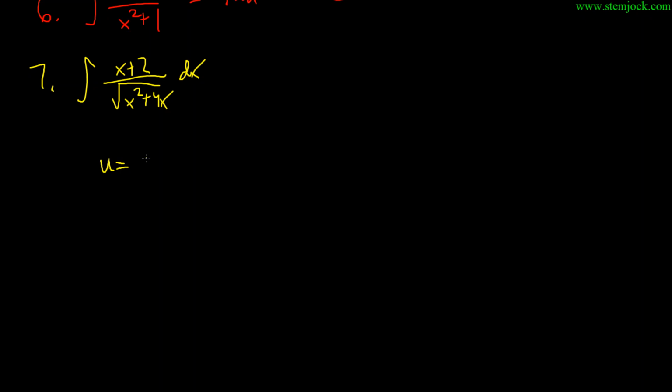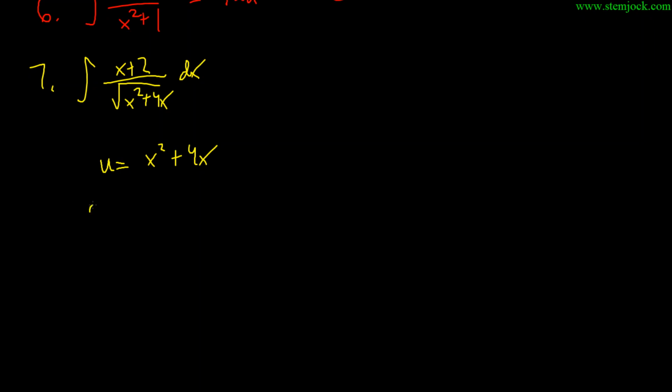So I set u equal to x squared plus 4x. The reason I don't include the square root here is because we always use the function within the function. We wouldn't just set u equal to the square root of x squared plus 4x. Otherwise, when we take the derivative, it's going to be very complicated, and our integrand doesn't have that complicated function.